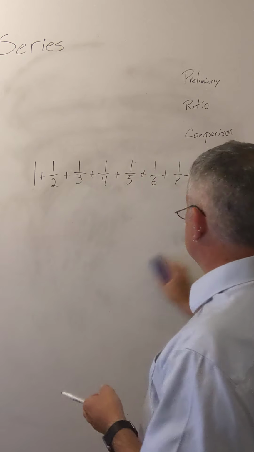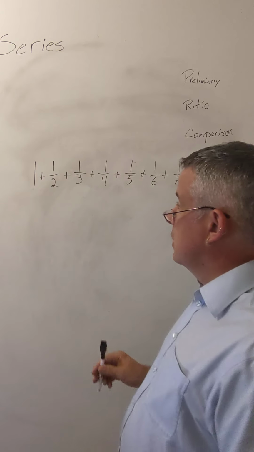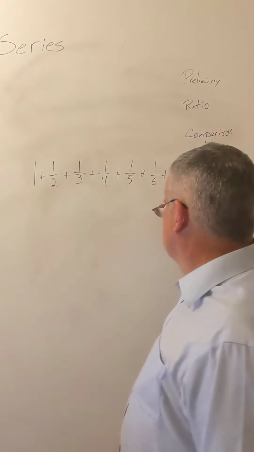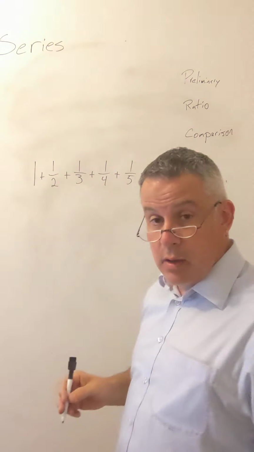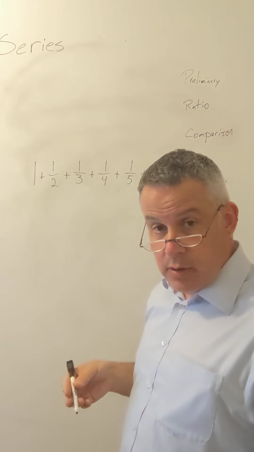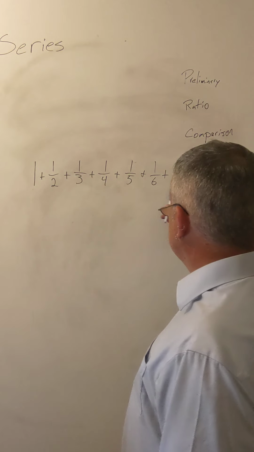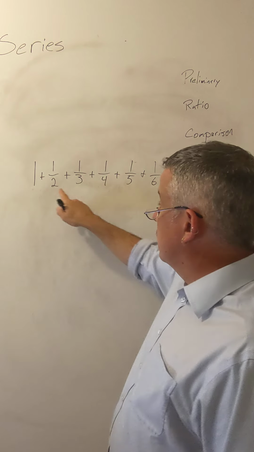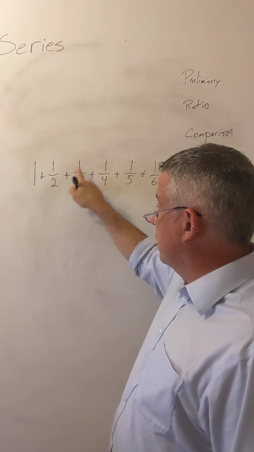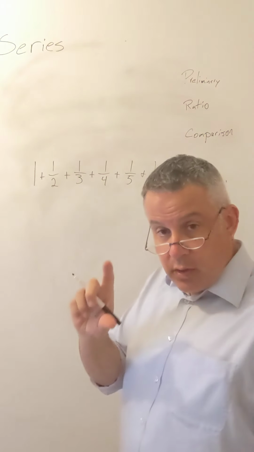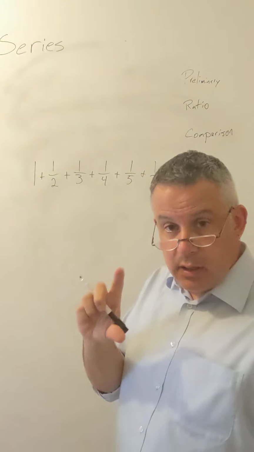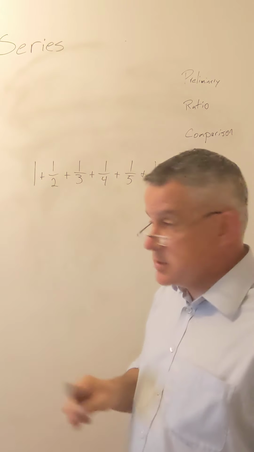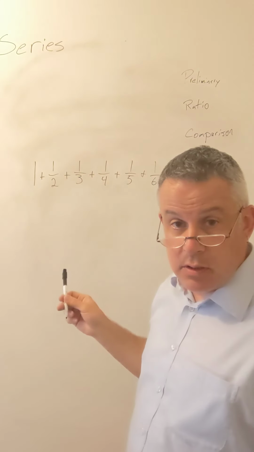That series has the terms getting smaller with each additional term, but they're not getting smaller by a fixed ratio. 1/2 compared to 1/3 compared to 1/4. The ratios are changing from term to term. So we can't use the ratio test to address this.